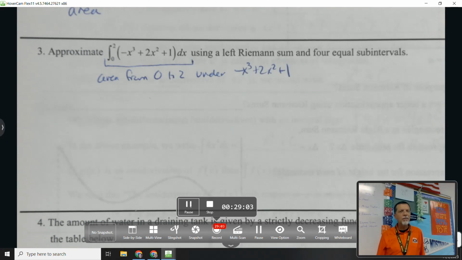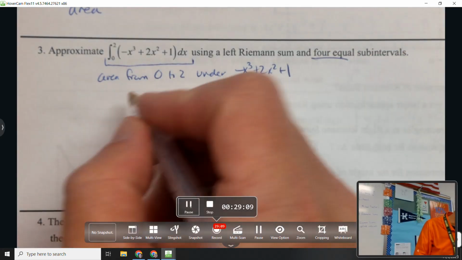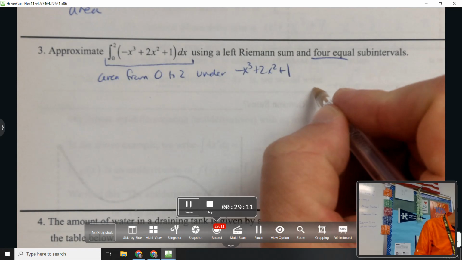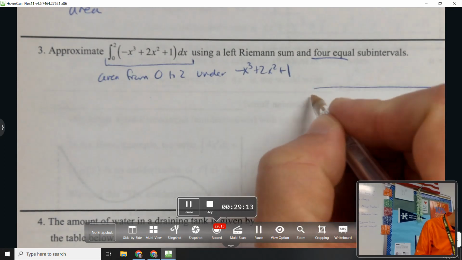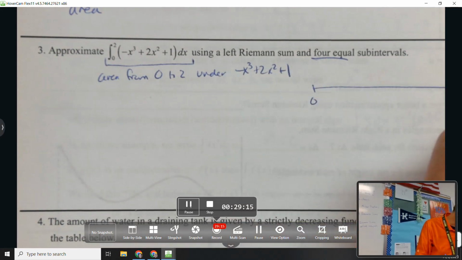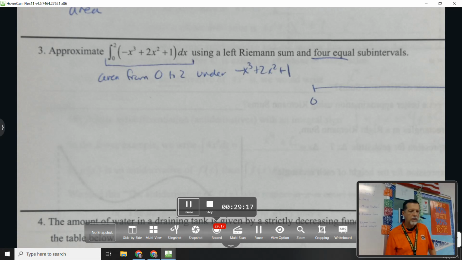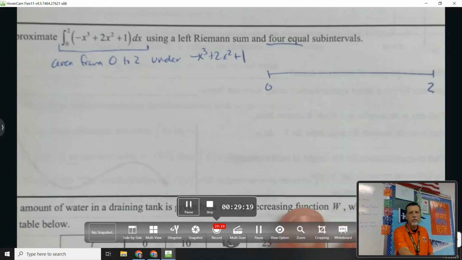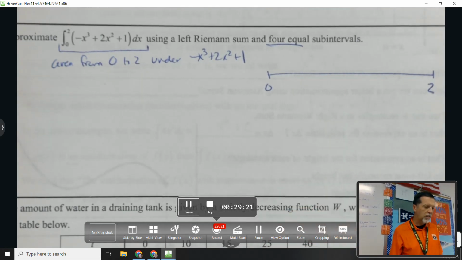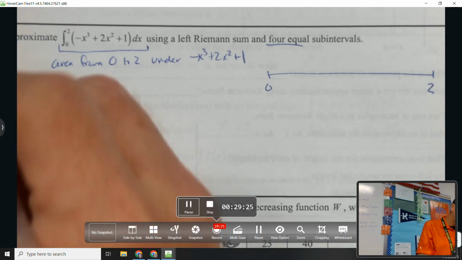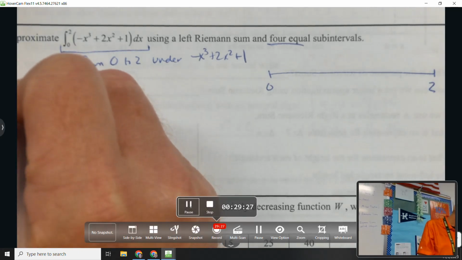So I don't have the values for my heights. Let's worry about the 4 equal subintervals first. If I'm going from 0 to 2, and I want 4 equal subintervals, how wide are my subintervals going to be? Again, no formula.